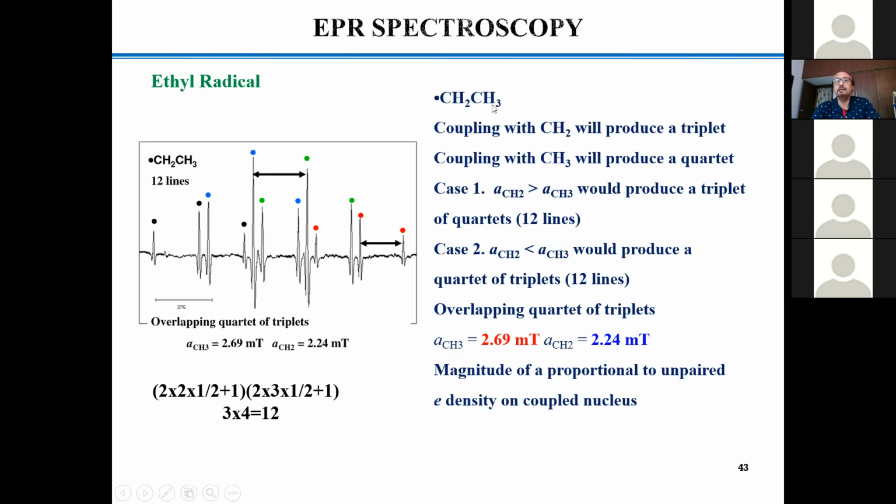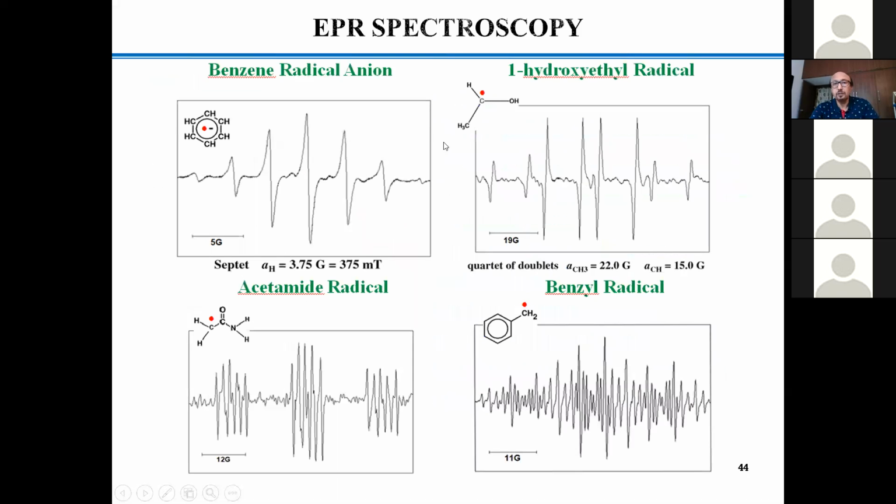For example, in the case of the ethyl radical, I said there is a direct coupling between the two carbon centers. So the protons attached to the two carbons would anyway come, but the next one would also come, which is being reflected over here. But the complexity arises over here.